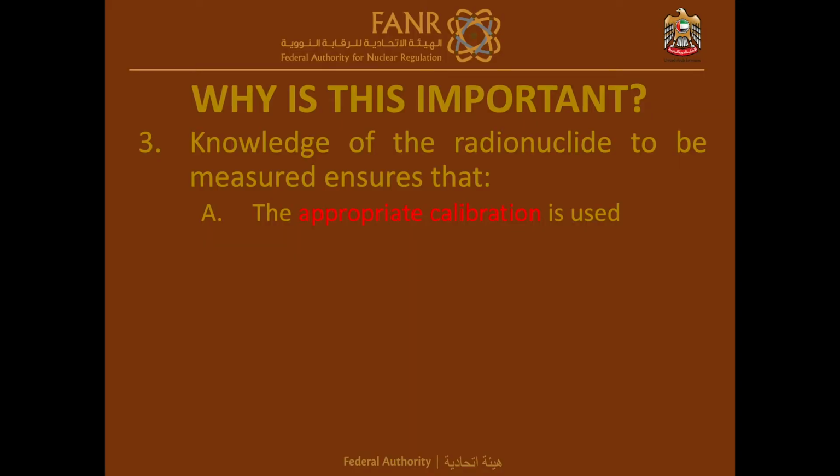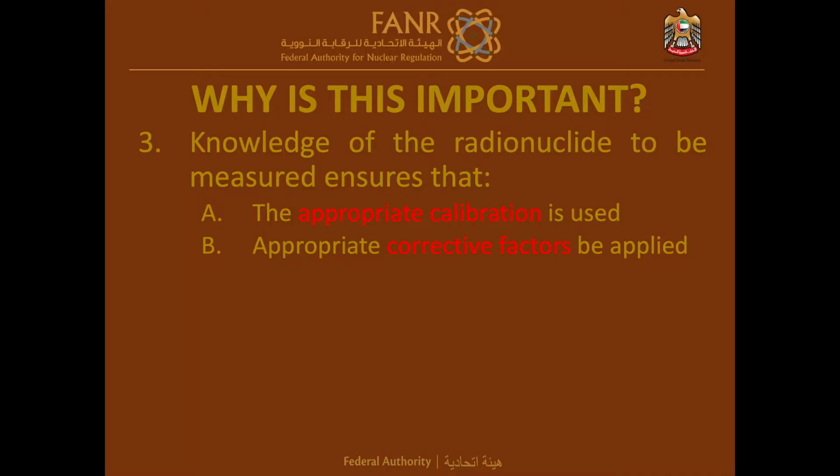One, the appropriate calibration can be used. So you will use an instrument sensitive to beta radiation with an appropriate beta calibration. But more importantly, even the appropriate energy and appropriate corrective factors can be applied whenever we have knowledge that the emission is of a specific kind and not of a different one.